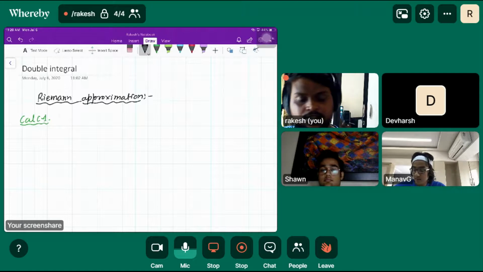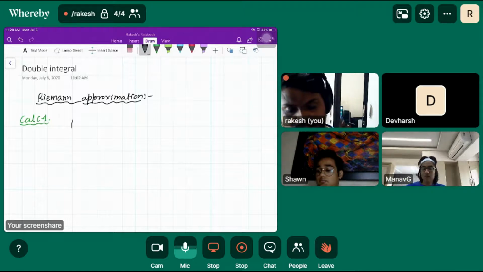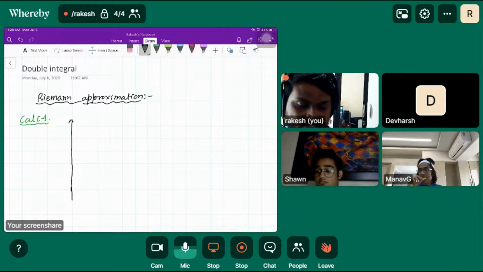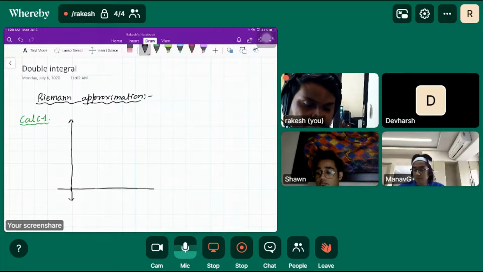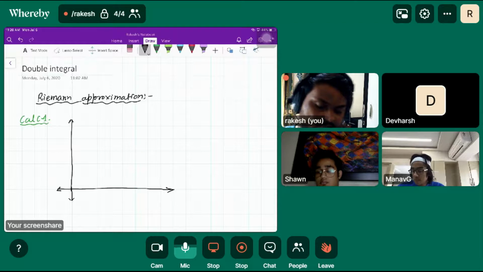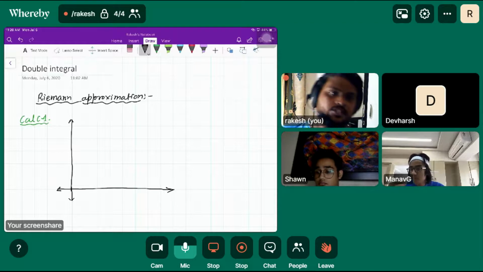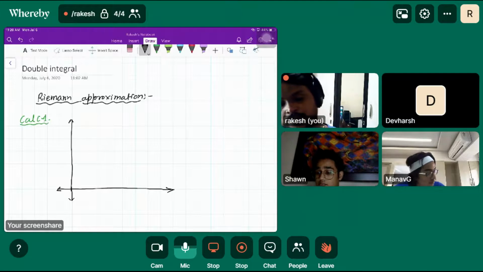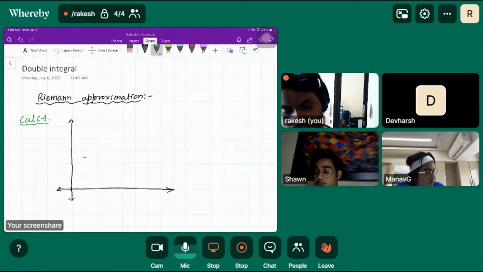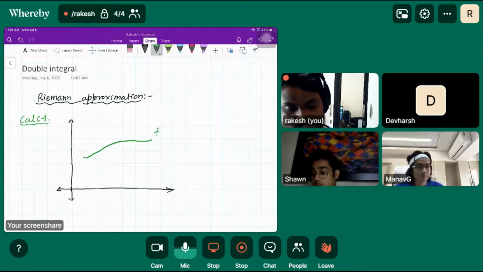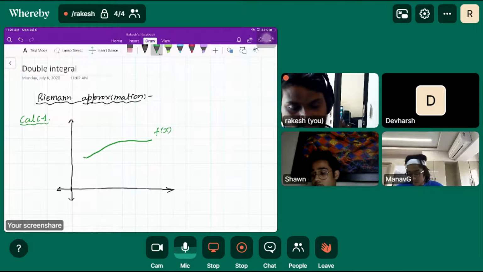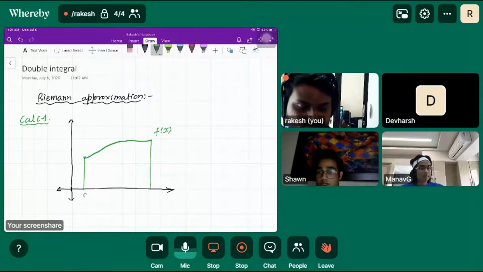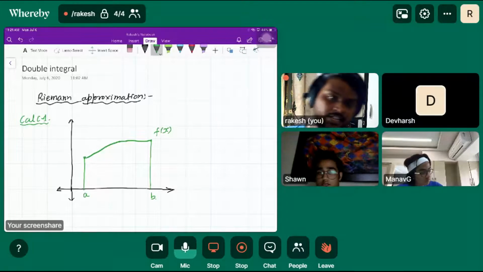Yeah, we'll do that. We revise the Calc 1 concept here, and Calc 3 behaves in exactly the same way as Calc 1. So we are just going through Calc 1 concepts very quickly. Suppose we have a function f of x, bounded by the lower and upper limits a and b.